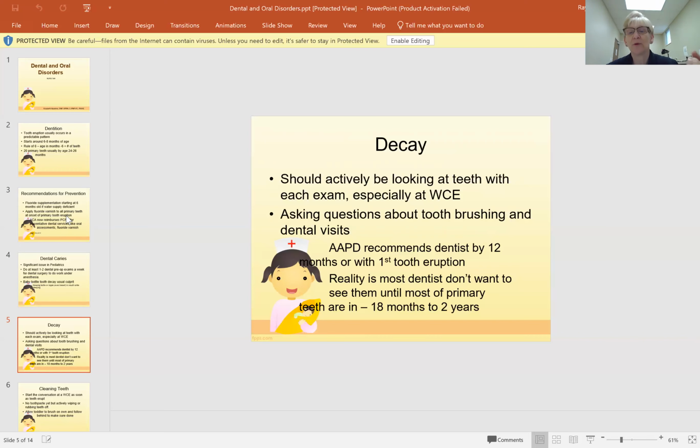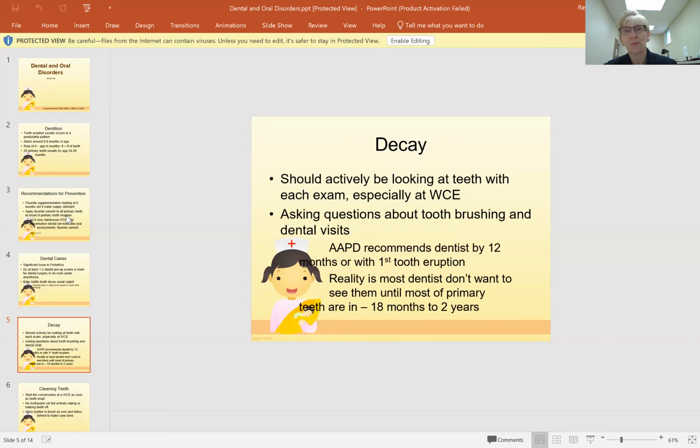This especially is really important at a well child exam. So you're asking those questions: are they brushing their teeth? Are they going to the dentist? We really start pushing that at 18 months of age. However, several of your dentists don't want to see them before they're 2 or 3. Here in town, we've got 3 pediatric dentist offices.